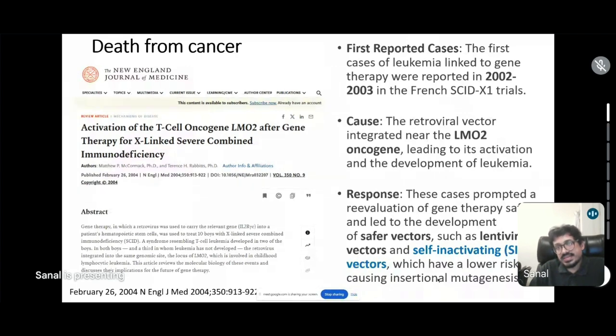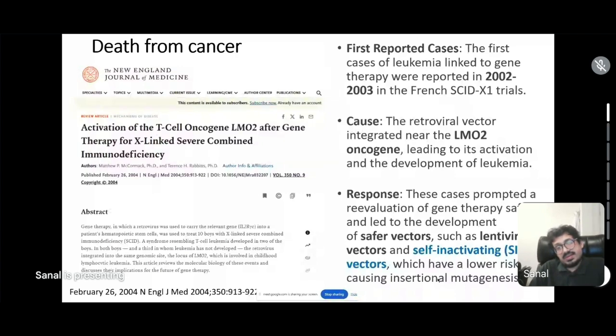So these cases prompted a re-evaluation of gene therapy safety and led to the development of safer vectors. So I am telling about an old time, 2002, 2003. So at that time, the first reports of cancer came because of aberrant integration of lentivirus.